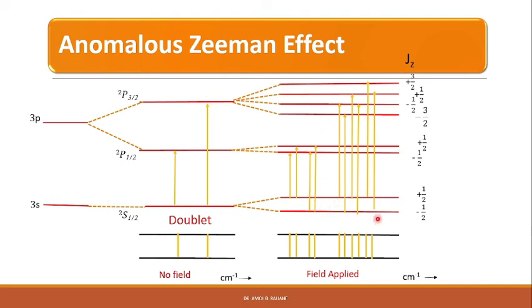That means overall we get 10 different lines, and this effect is called the anomalous Zeeman effect. So in the presence of a weak magnetic field, the sodium doublet spectrum, which was originally 2 spectral lines, shows 10 different spectral lines. In general, the Zeeman effect can give very useful information about the electronic states of atoms.